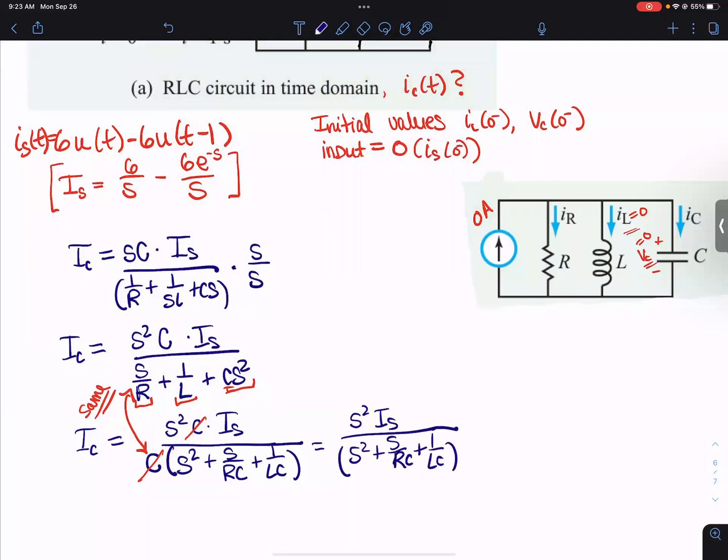And now I'm going to look at plugging in that IS. So we're going to have S squared over all of this again.